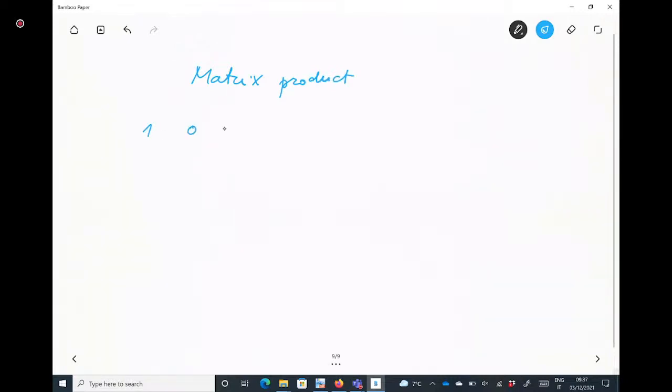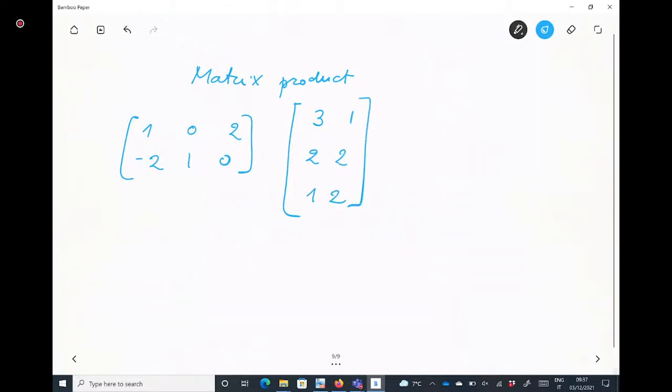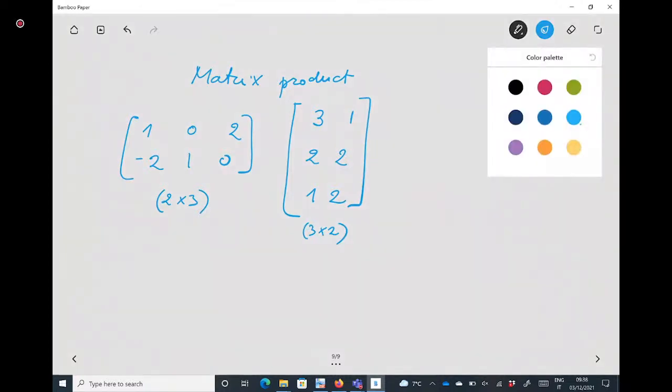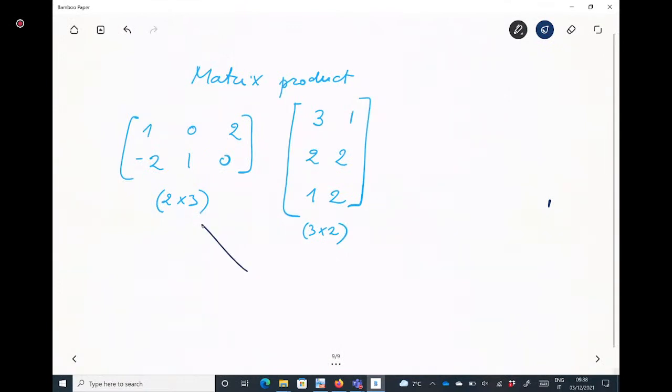So let me just show you an example. This is a 2 by 3 matrix. This is a 3 by 2 matrix. It is possible to compute the product.